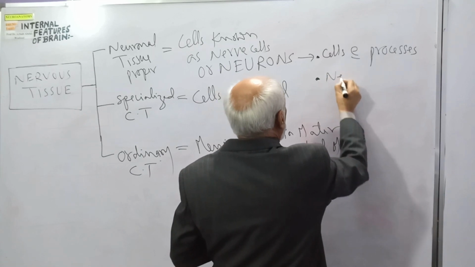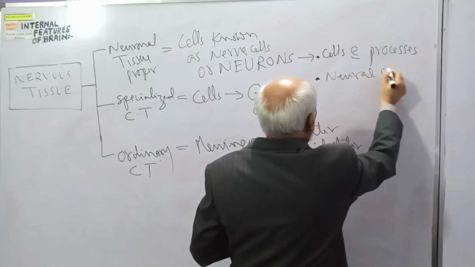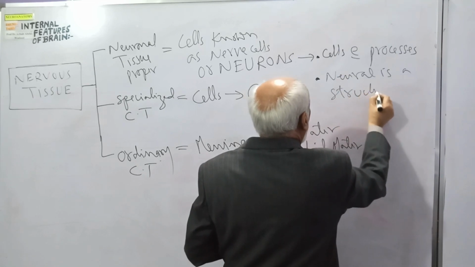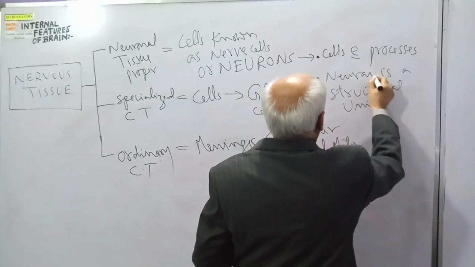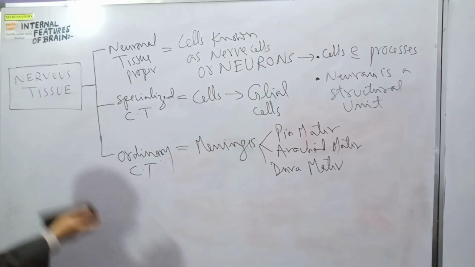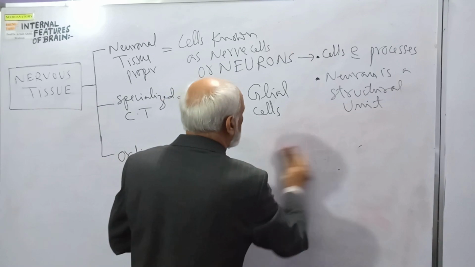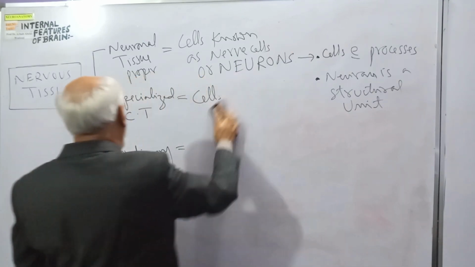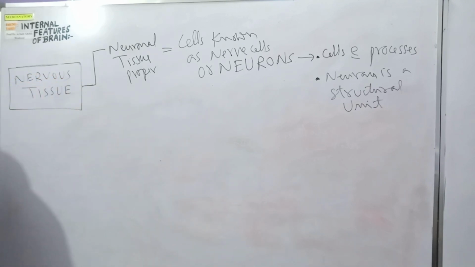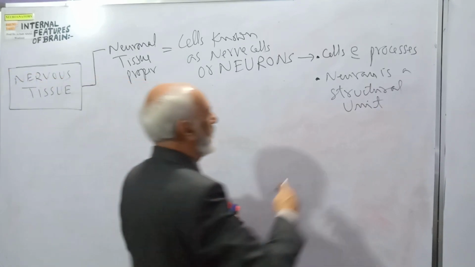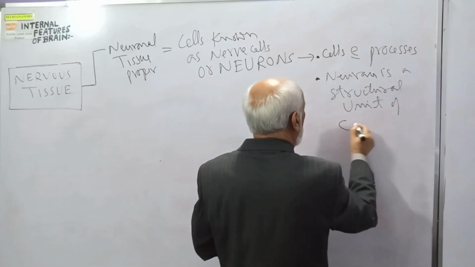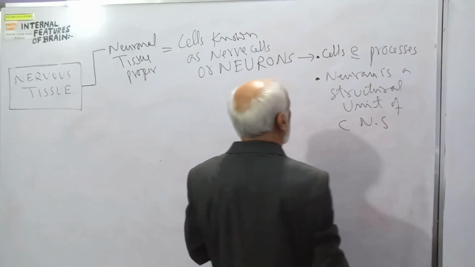And neuron is a structural unit. Neuron is the structural unit of central nervous system.